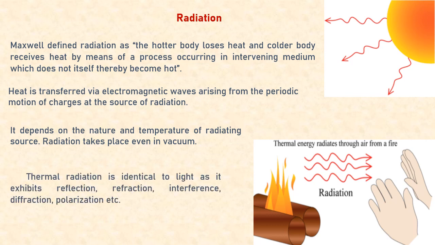Thermal radiation is identical to light as it exhibits reflection, refraction, interference, diffraction, polarization, etc. So just like light, radiation is also an electromagnetic wave. You can see here, when we are near a campfire, we get the warmth via this electromagnetic radiation.